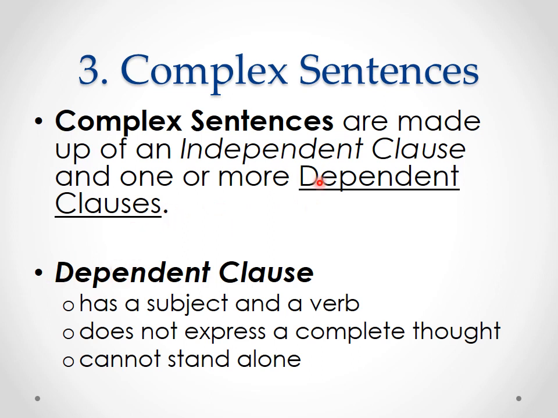Now what is a dependent clause? A dependent clause has a subject and a verb, and it does not express a complete thought alone, and it cannot stand alone. When it is used alone, it doesn't provide any meaning.